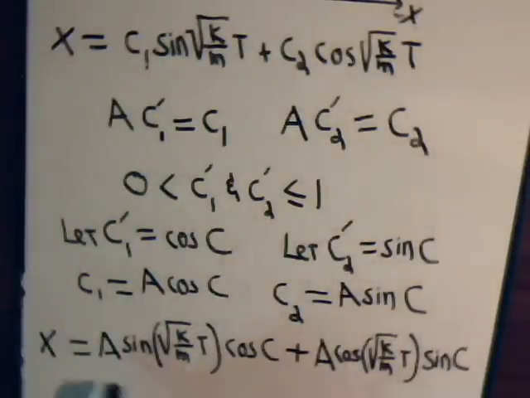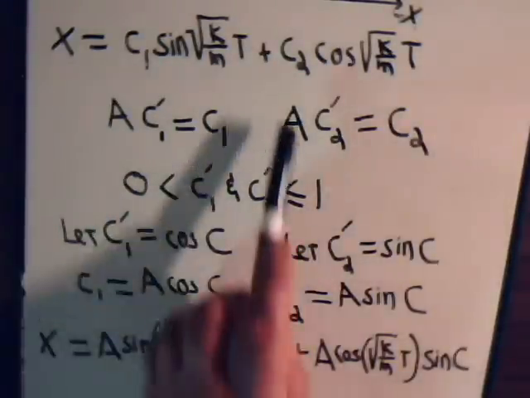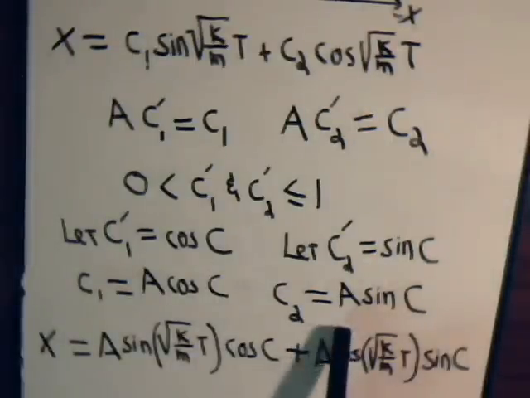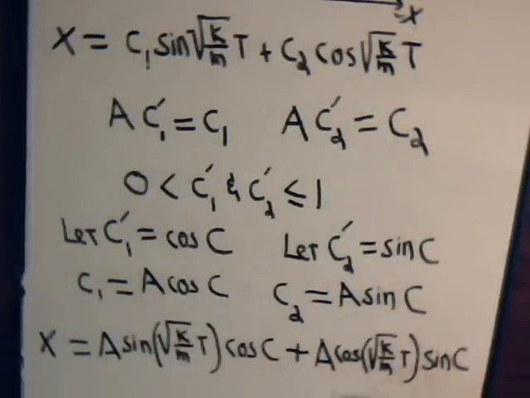So here we have this part. C2, that is A times the sine of C. And then we have the cosine right here.